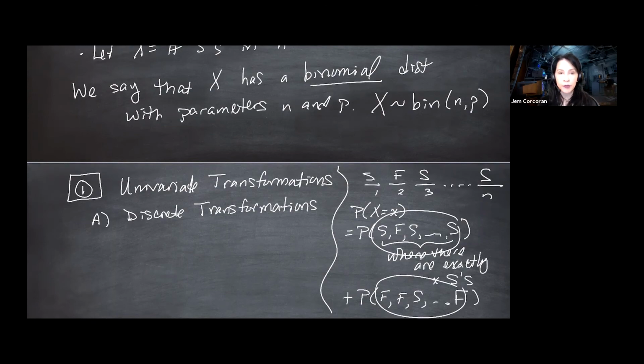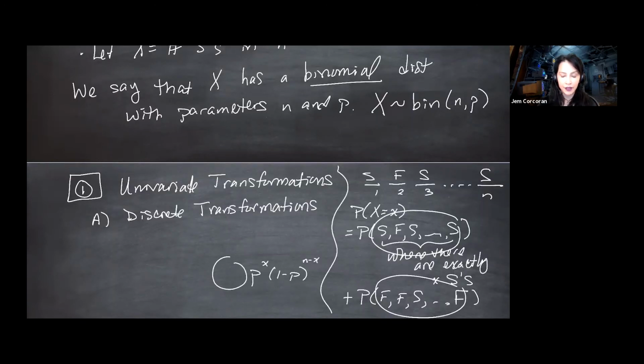But all of those probabilities of those events I just circled are exactly the same. They're all going to have p raised to the number of S's, which is given by x here, and then they're going to have 1 minus p to the rest, we have n trials, so n minus x. And then we have to put a coefficient here that counts them all up.